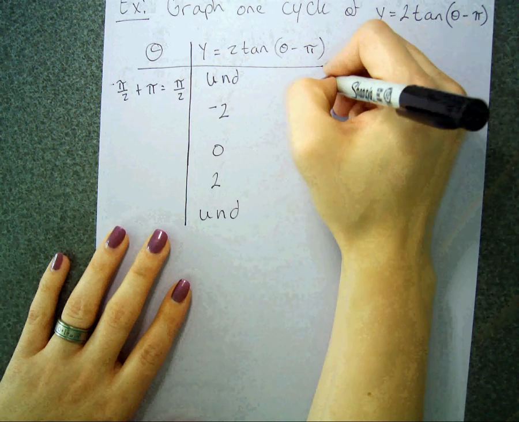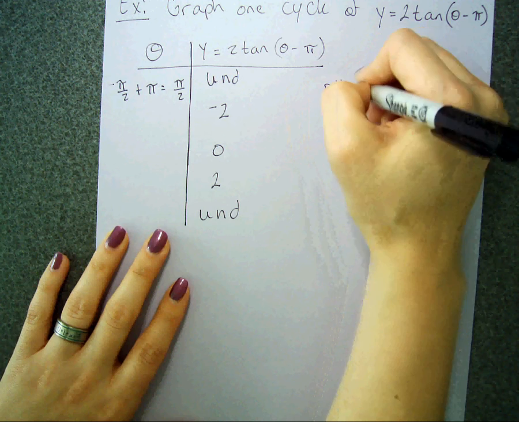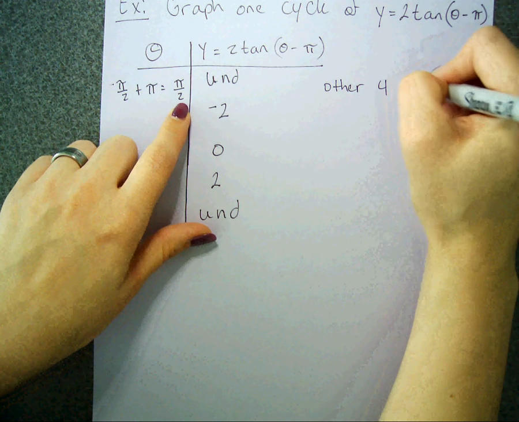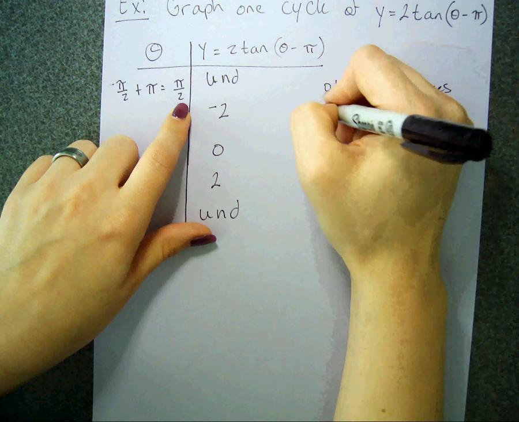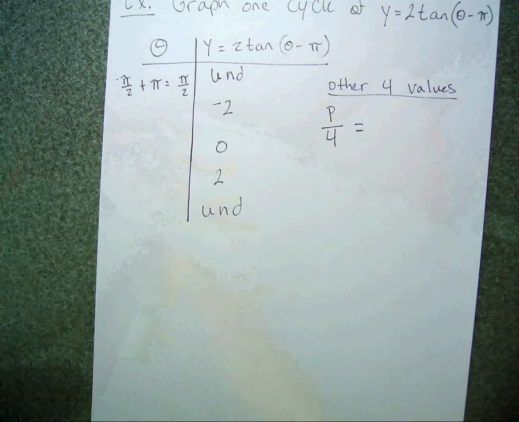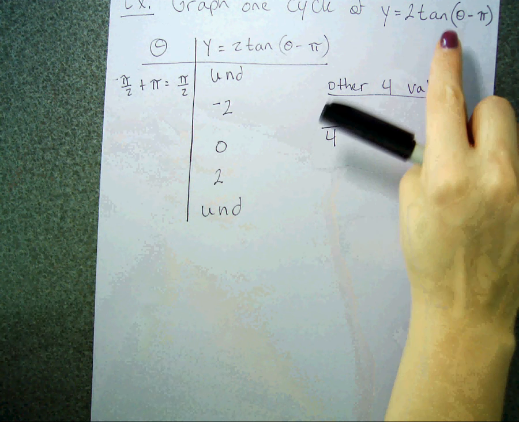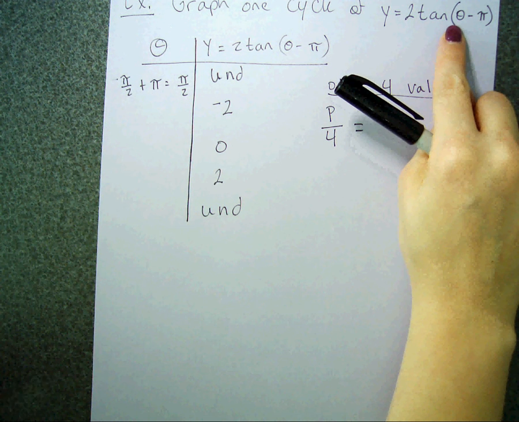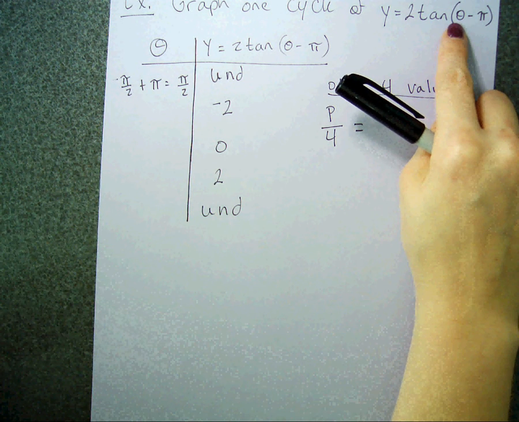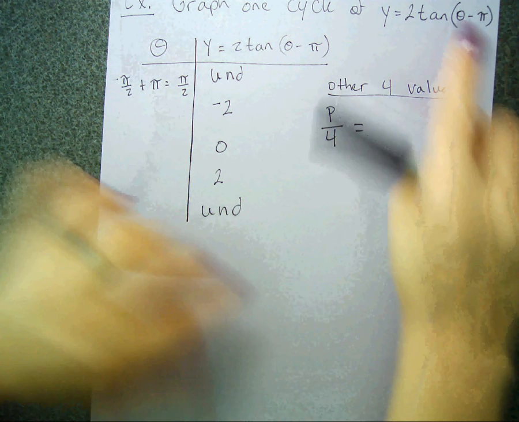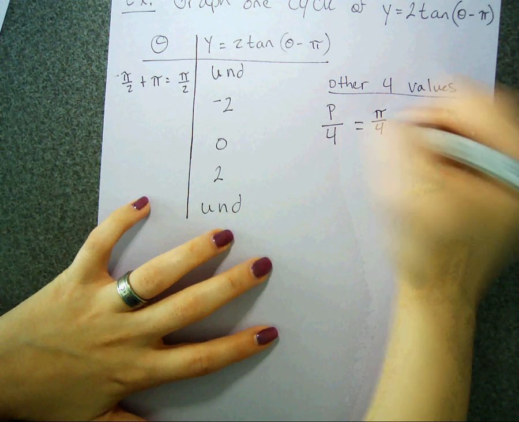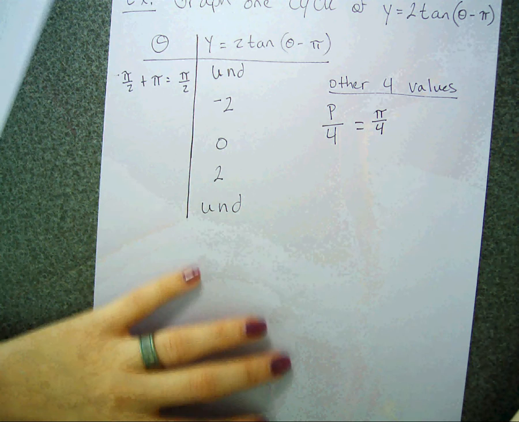To get my other 4 theta values, I'm going to take the period over 4 and add that to the other values. My period here, do I have a change in the period? No, I don't, because I don't have any other value except for 1 in front of theta. So remember, for tangent, my period is just pi, so pi over 4. So that's the value that I'm going to add to my theta values to get the other 4 values.